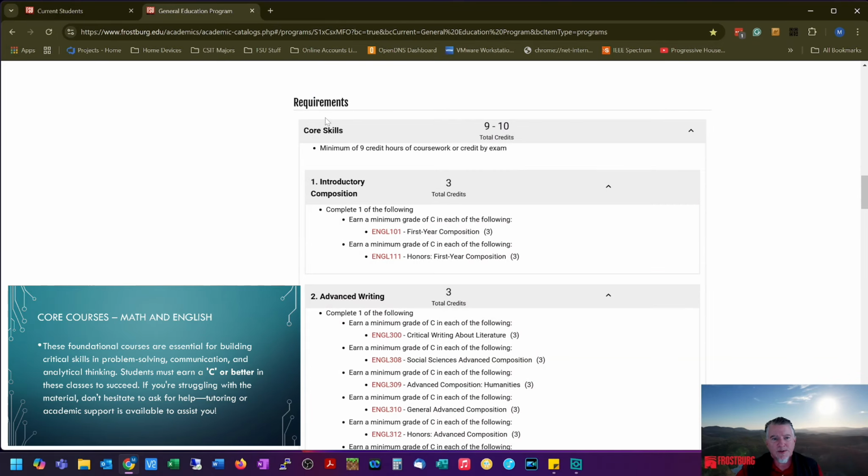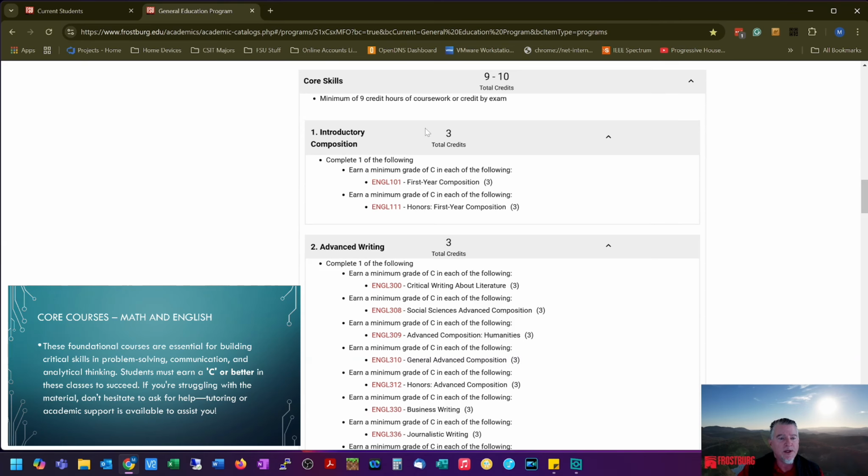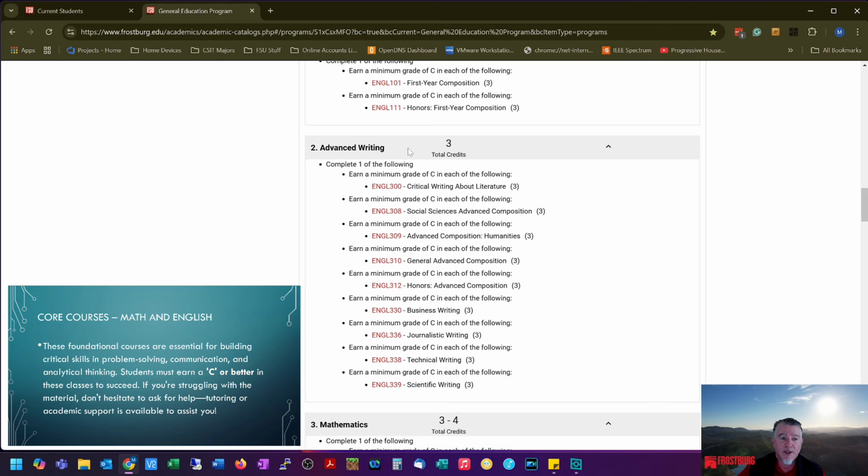So your core skills, you have 9 to 10 credits that are required in your core skills. Everybody by federal law is required to take English 101 and their math within their freshman year. Freshman composition is it. Oftentimes students will take an AP exam on that or have it transferred in, but a lot of you are going to need that. The other class that you're going to need in English is an advanced writing.